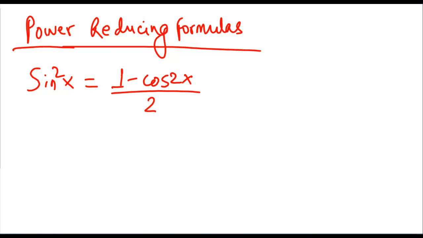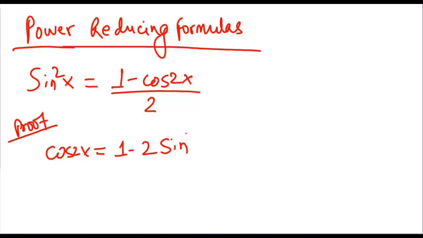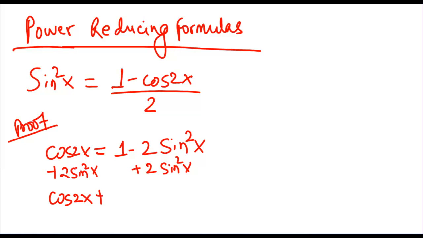Now how do we get this? We can do the proof here. Moments ago we just saw the cosine of 2x, one of the forms was 1 minus 2 sine square x. Now let's solve for sine square here. I would add 2 sine square x. This becomes cosine of 2x plus 2 sine square x equals 1.